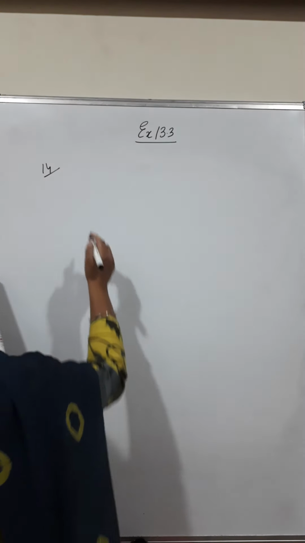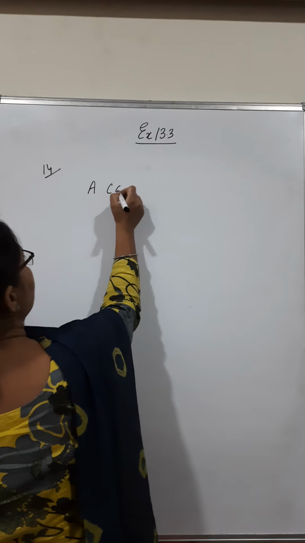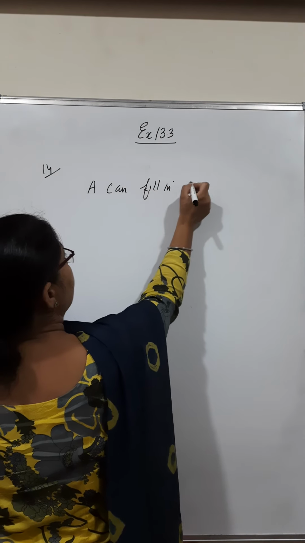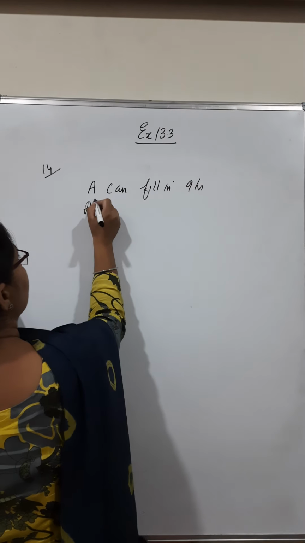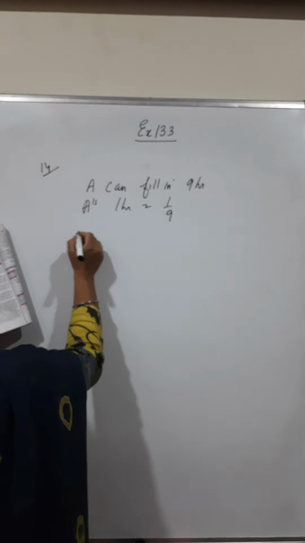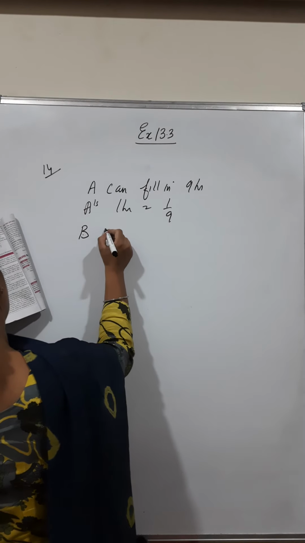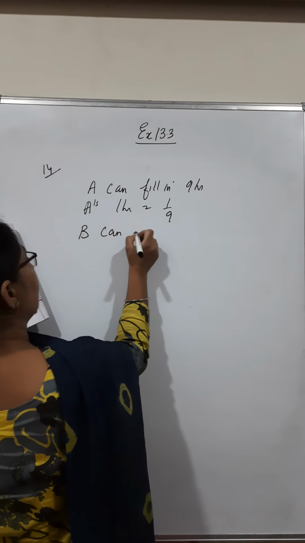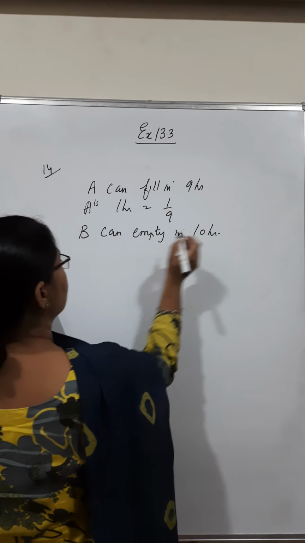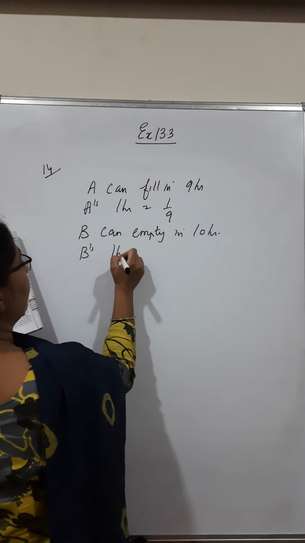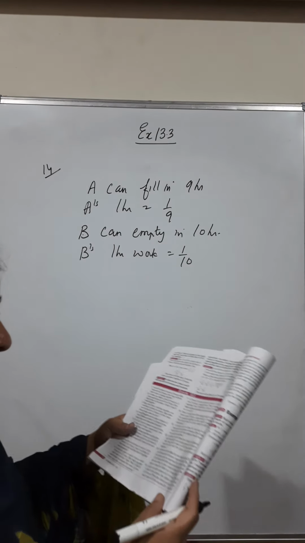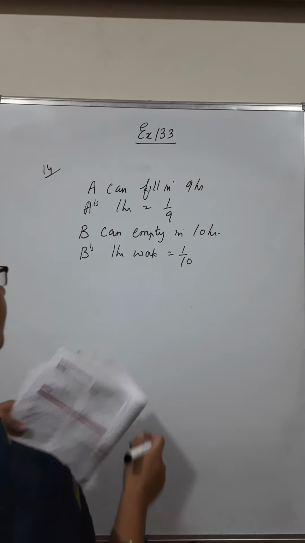So therefore again, A's 1 hour work: A can fill in 9 hours, so A's 1 hour work will be equal to 1 by 9. B can empty in 10 hours. So B's 1 hour work will be equal to 1 by 10. So when it is full, in how much time will it be emptied by the leakage?